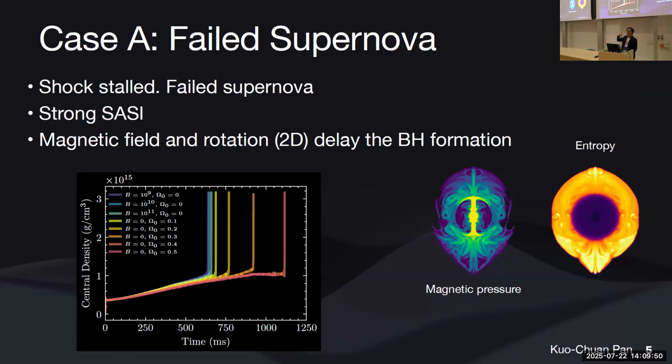So then we don't get explosion because we don't have the spiral modes of SASI. Rotation makes the black hole formation delayed, but you can still get black hole formation. And even with magnetic field, if we increase it a little bit, but not too strong, it will still form a black hole, but the time is only slightly delayed. It's not dramatically different.